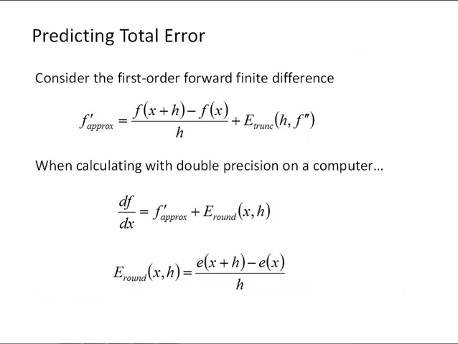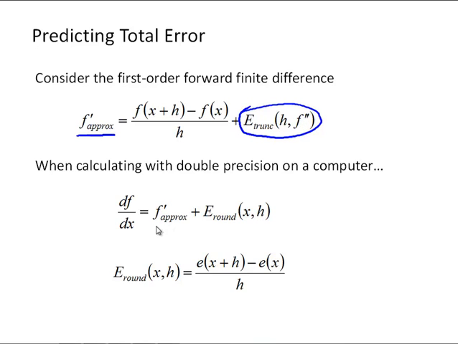So let's look again at that first order finite difference. We'll call that f prime approx, and it's equal to (f(x+h) - f(x))/h, and then we'll have the truncation error proportional to h, which is a function of h, and f double prime. So when we calculate this with double precision on a computer, we introduce a second source of error.